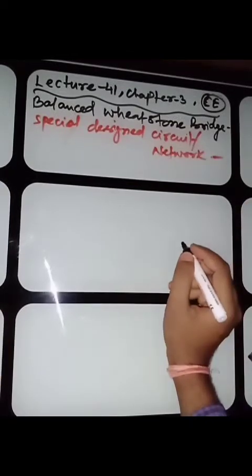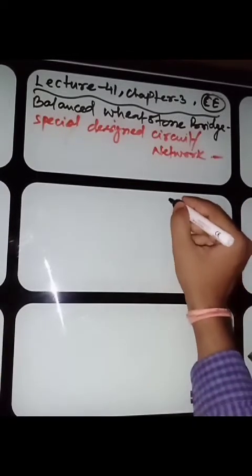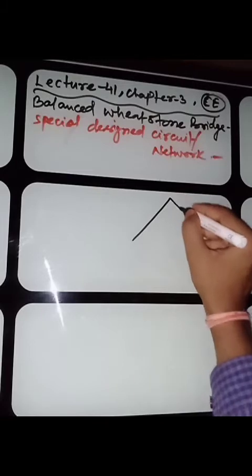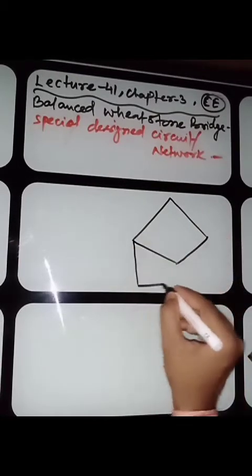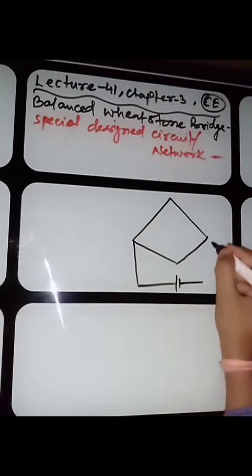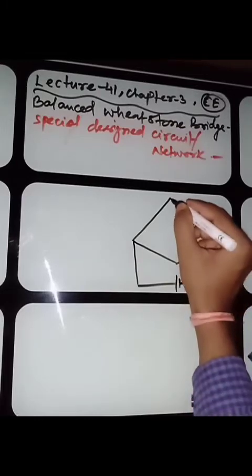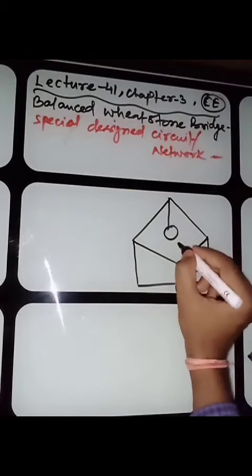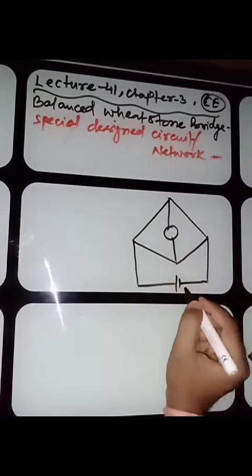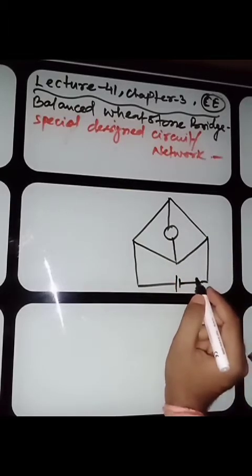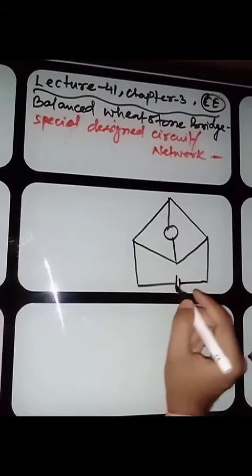The Wheatstone bridge we have studied also while solving questions of capacitors. I told you that we'll study it in detail in this chapter, so as per my promise, I'm starting this one. Here we are using a galvanometer. If you go to your school library, you will find a galvanometer.